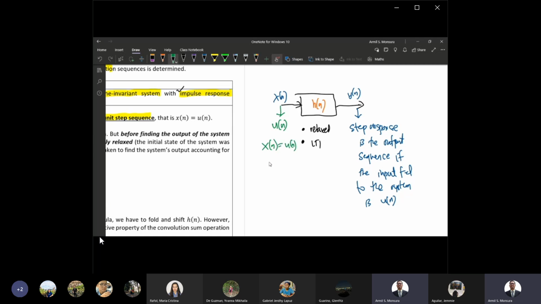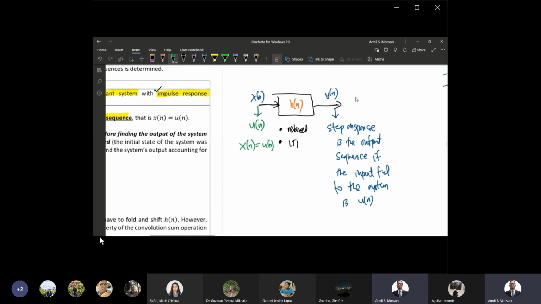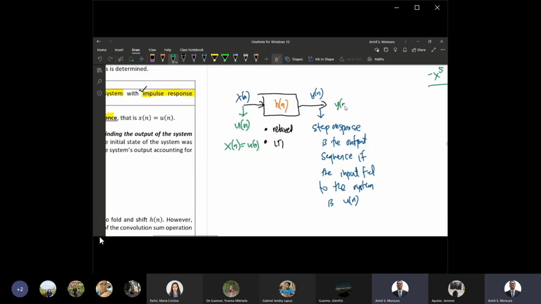And then we have to determine y of n, given na ito yung input. Tapos, yung system natin is represented by h of n. Now again, tatandaan natin lagi that the output sequence of an LTI and relaxed system, dapat relaxed siya at LTI. Kailangan parehong satisfied.